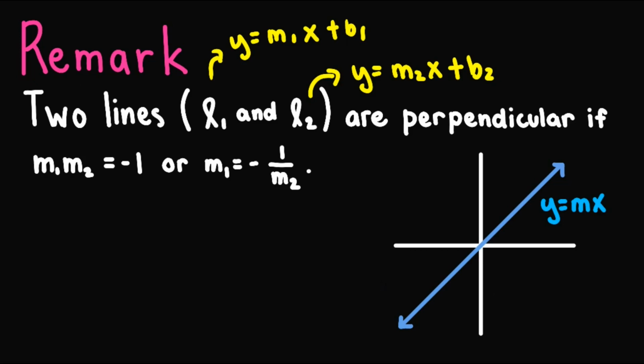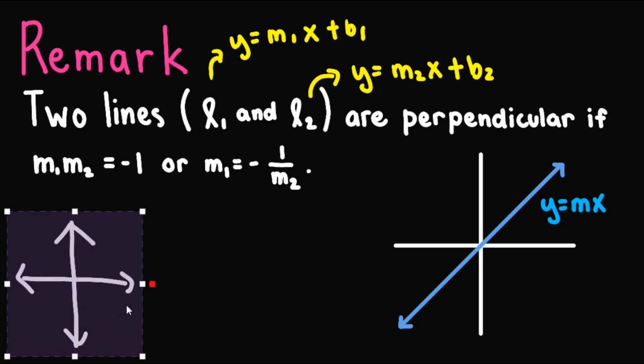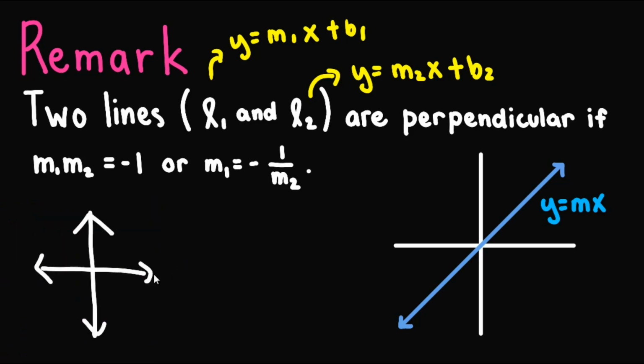Let's write another Cartesian plane out here. We know that this represents the positive x-axis, this here represents the positive y-axis, the negative x-axis is here, and the negative y-axis is here.